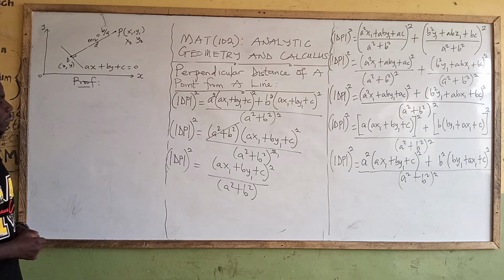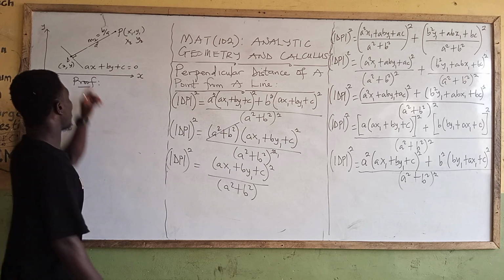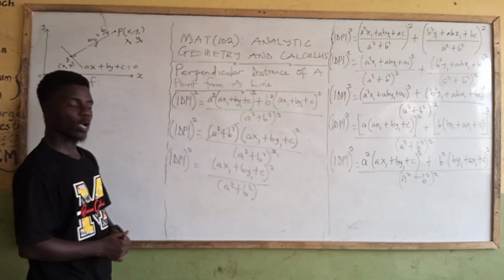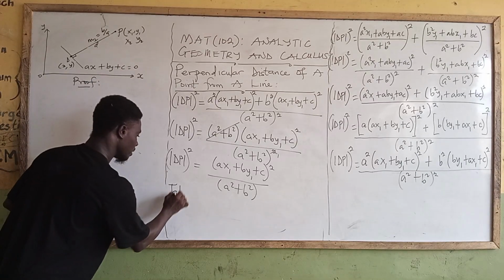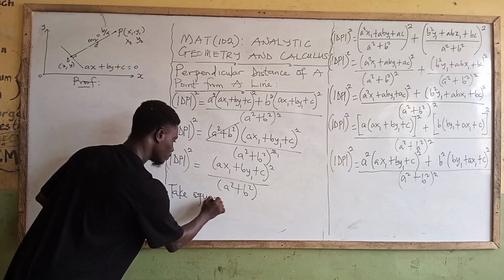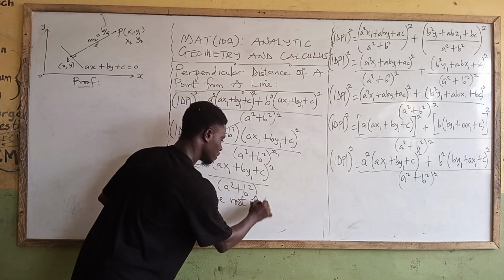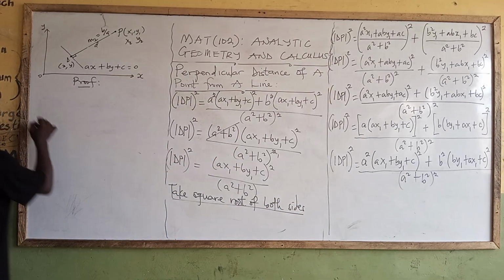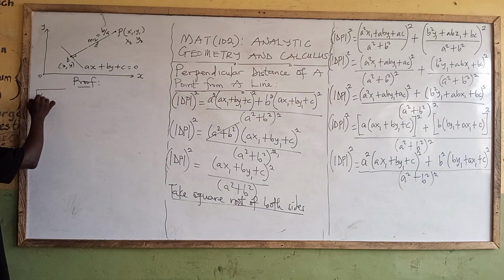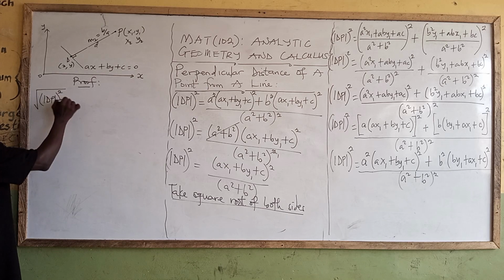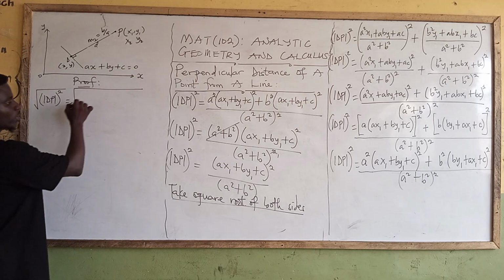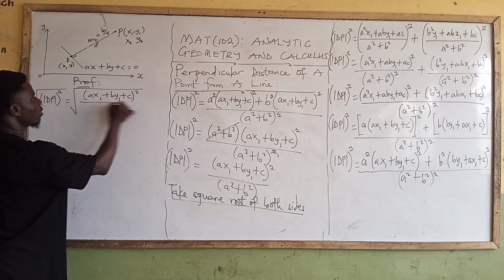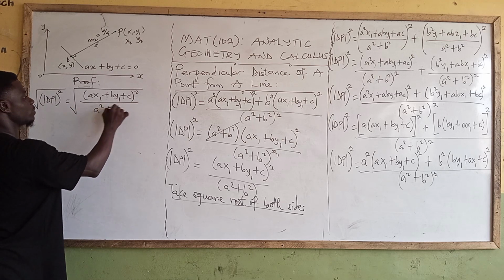Right. So now, how best can we find our length of DP? We have to take the square root of both sides. So now we get the square root of the length of DP all squared equals the square root of a x1 plus b y1 plus c all squared all over a squared plus b squared.